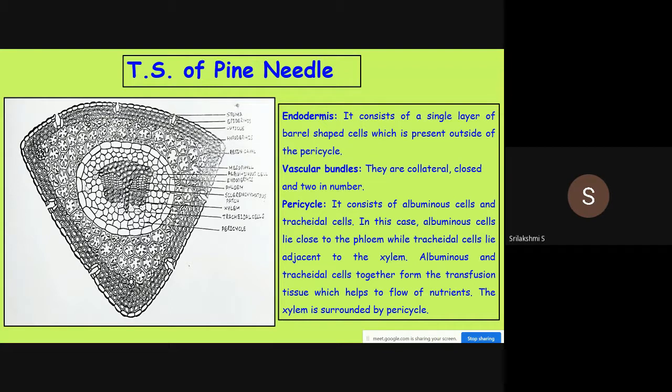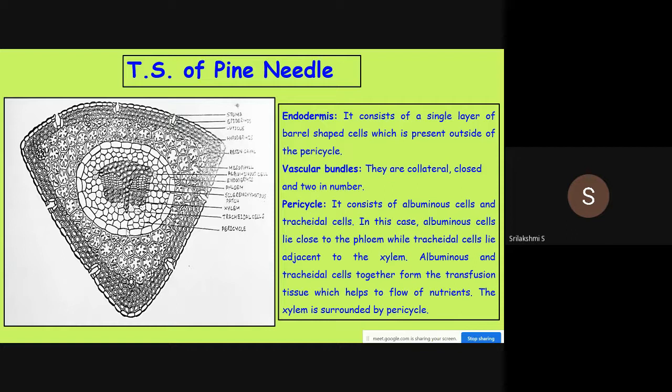And there will be certain other cells which are referred to as the tracheidal cells below. These are all xylem elements. Below the phloem, you have xylem, and then you have tracheidal cells. Now, these albuminous cells, tracheidal cells, and the parenchyma together form what is called transfusion tissue.